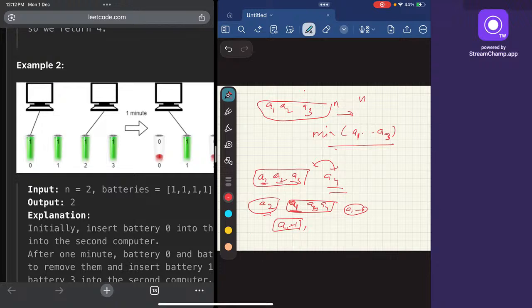Sorry, okay, we will run a1 minus 1 time. So battery a1 will have 1, and we will swap a1 with a2. a2, a3, a4 corresponding values also will drop by: a3 minus a1 plus 1, and a4 minus a1 plus 1.